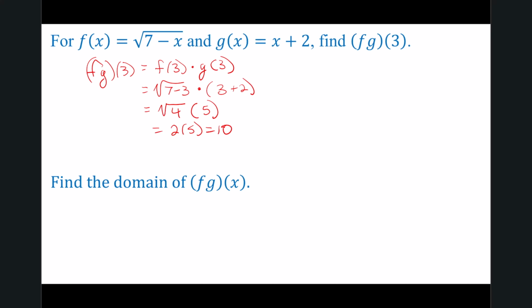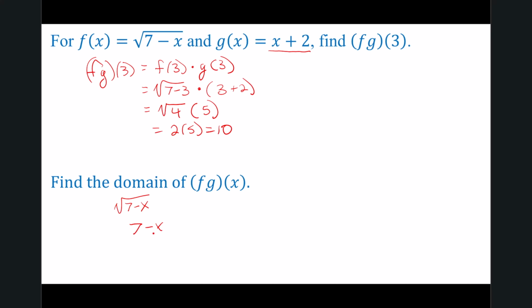What is the domain of f times g of x? That would be the domain of f of x and the domain of g of x combined. So the domain of g of x, we can take any real number and add 2. So that domain is all real numbers. But for f of x, square root of 7 minus x, the square root function has a domain of all non-negative real numbers. So we can take the square root of 0, or we can take the square root of a positive number, but not a negative number.